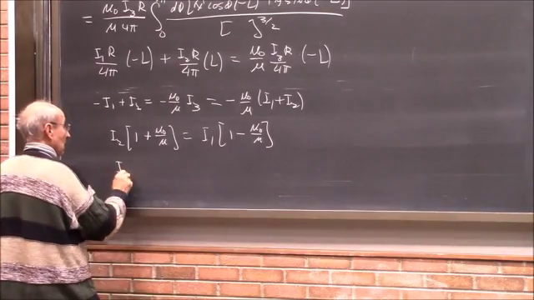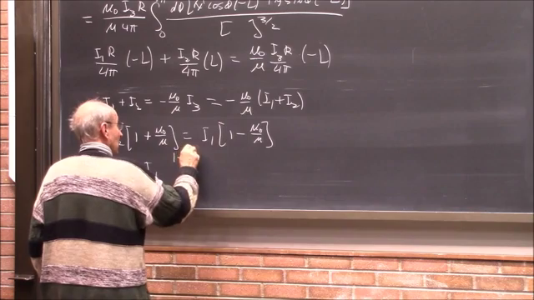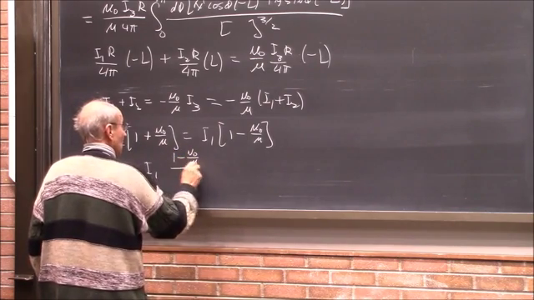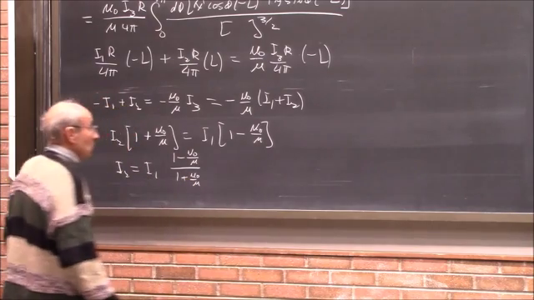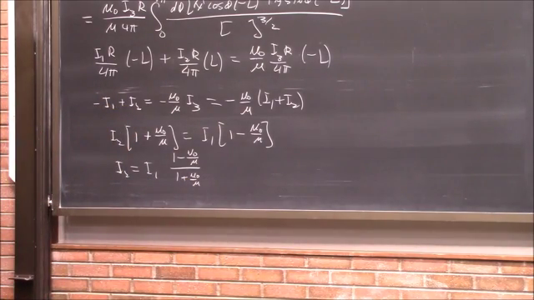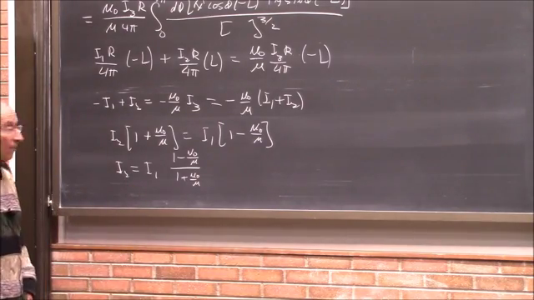And therefore, I2 is I1 times 1 minus mu 0 over mu, divided by 1 plus mu 0 over mu. Okay, so that gives us I2.